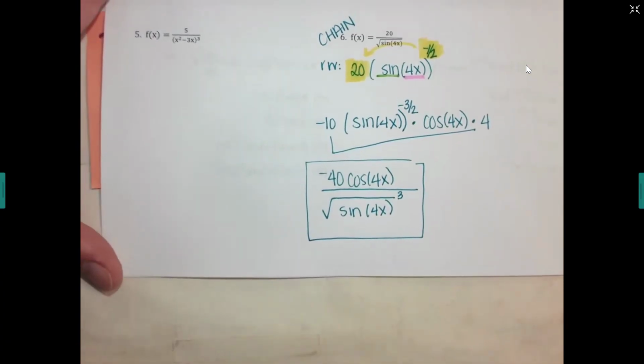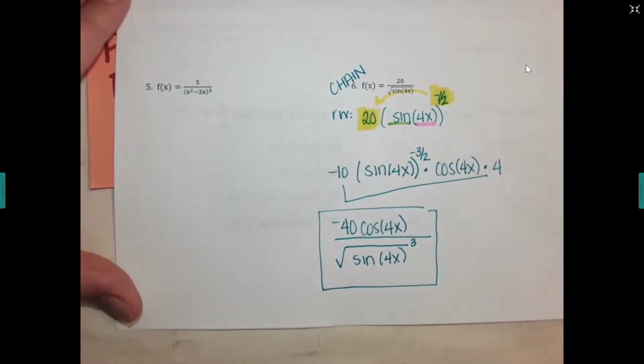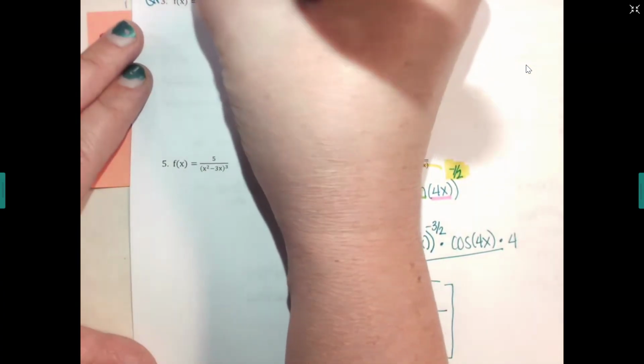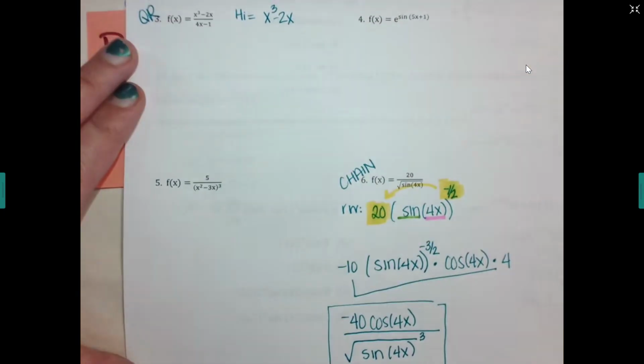All right, let's take a look at number 3. Number 3 we said is quotient rule. Remember, quotient rule is high and ho. High is what's on top, ho is what's on bottom. So the high for number 3 is x cubed minus 2x. And then the ho would be 4x minus 1.